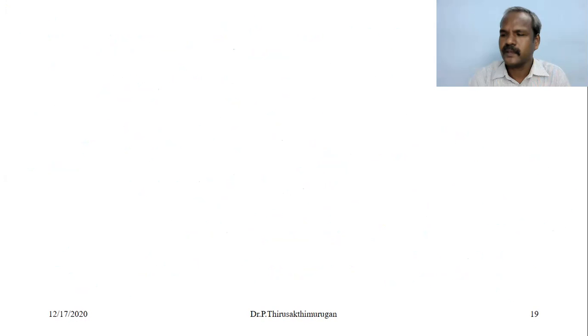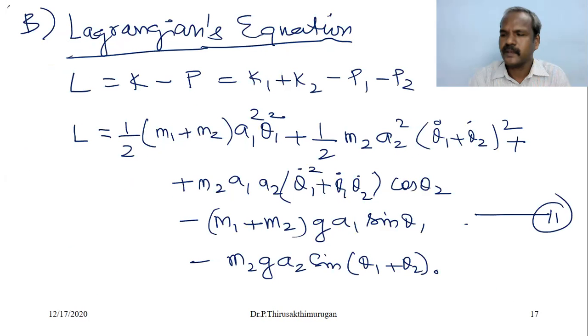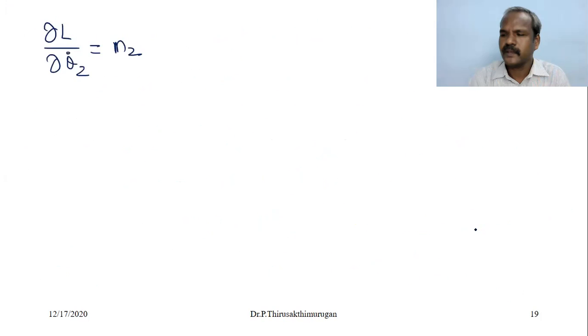So next is similar to that. First we find dou L by dou theta 2 dot. So what do we get? M2, see, go to the L expression. So differentiate equation number 11 with respect to theta 2. Okay, so what will we get?